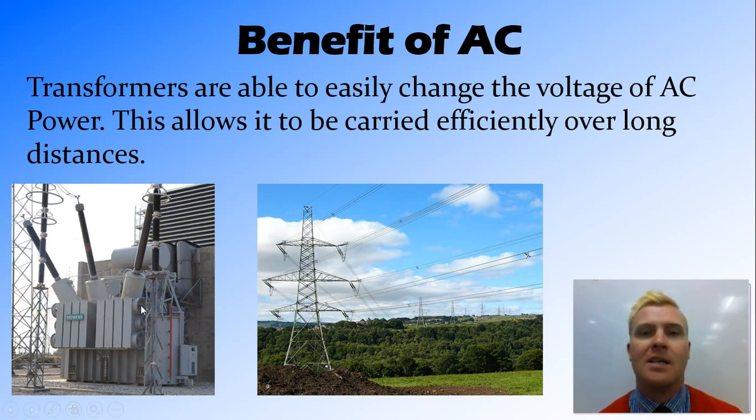And what that does is convert the power as it's made at the power plant into super high voltage, talking about thousands of volts, that can then be transported through these high voltage power lines to your house. Then when it gets to your house, you have another transformer that turns it from that high voltage down into the 240 volts that we use in the home.